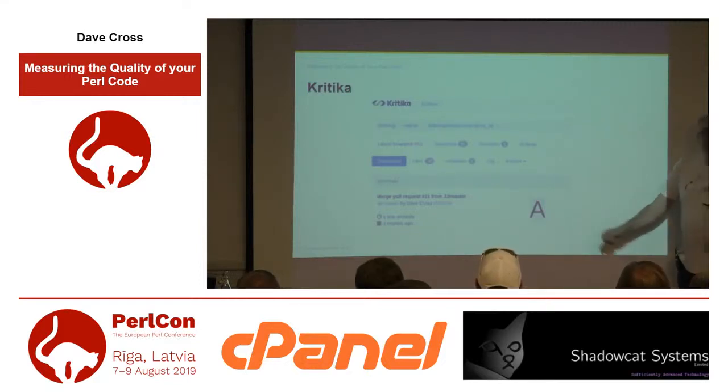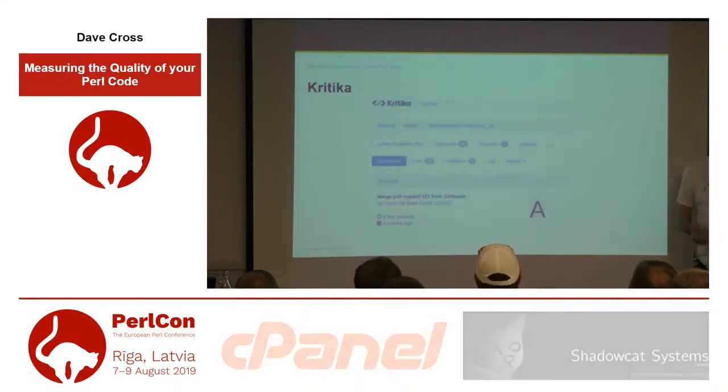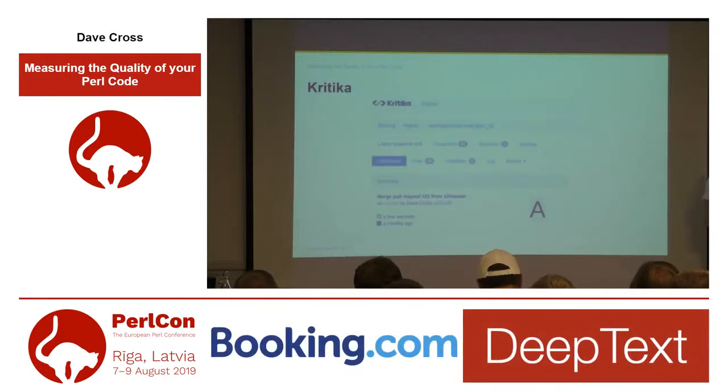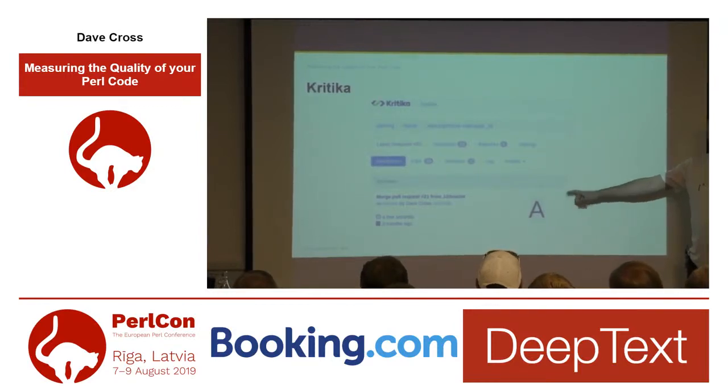So basically, I think it covers other languages than Perl, but if you give it Perl code, then it runs a Perl Critic session against your code and gives you a school grade. It will give you an A or an A minus or a C.